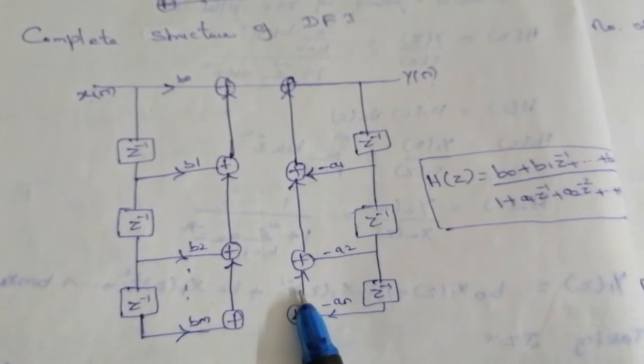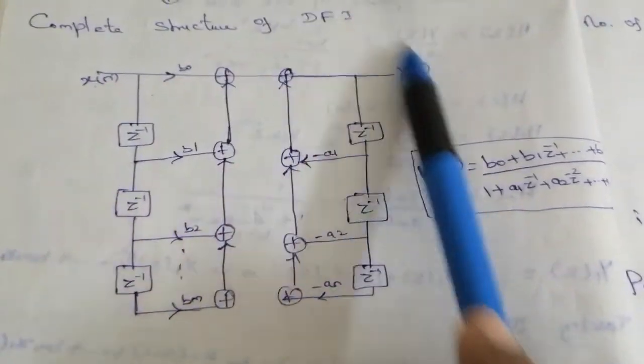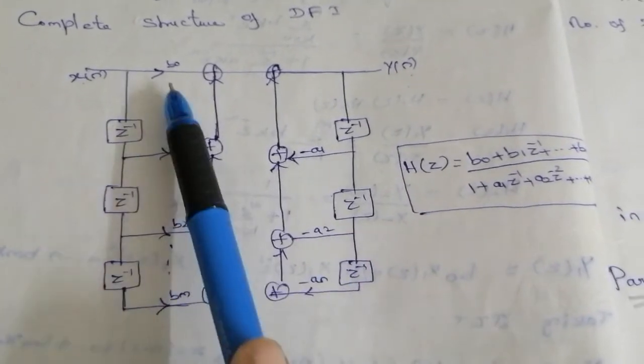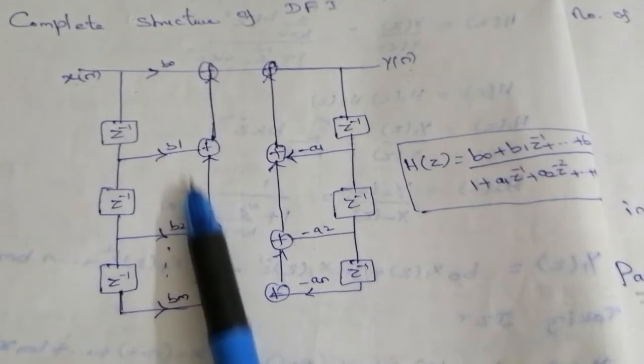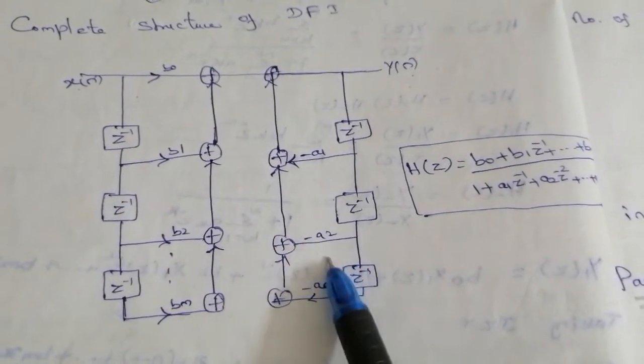So in a problem, no need to explain all this h1 of z, h2 of z. You directly draw with the general diagram. So this is the general diagram of direct form 1 structure. On the left hand side, we should draw the numerator values, and on the right hand side, we should draw the denominator values.